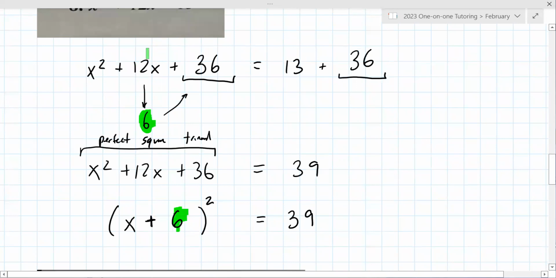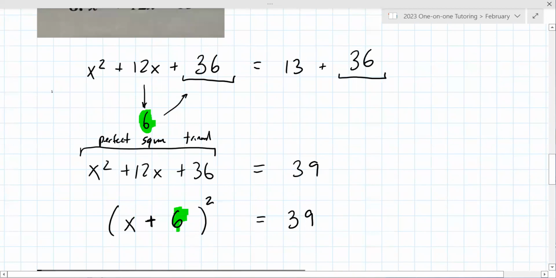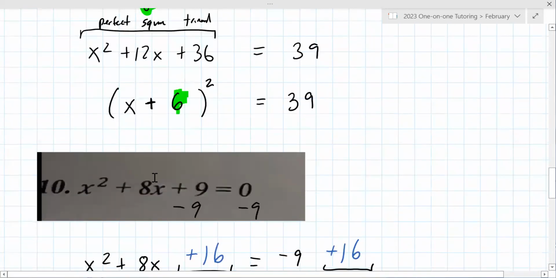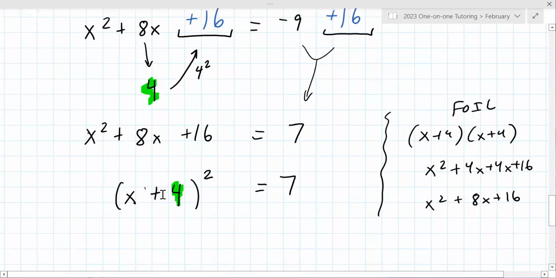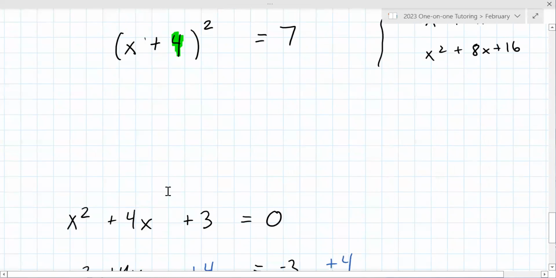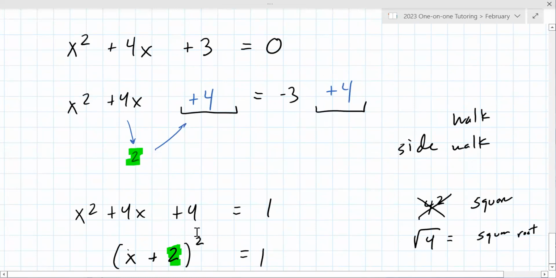The number that you cut in half ends up going down in here. You cut 8 in half, 4, look where the 4 ended up, down there. 4 cut in half, 2, ends up going down in here.